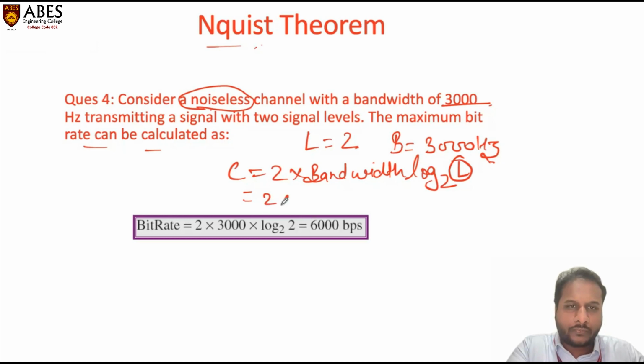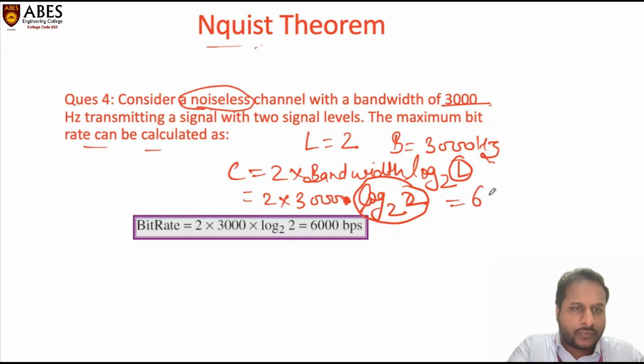So 2 into 3000 into log base 2 of 2. Log base 2 of 2 is 1, and 2 into 3000 equals 6000. And the unit of capacity is bps, which is bits per second.